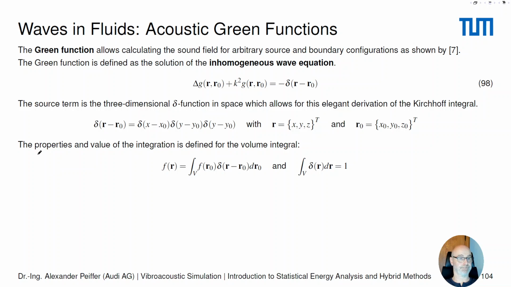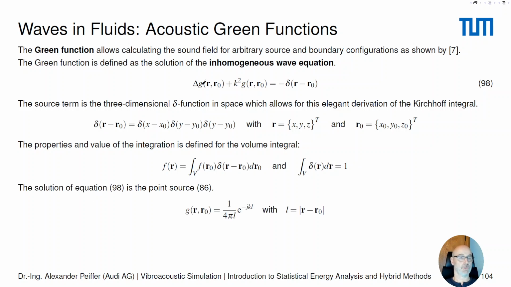The properties of the delta function are mainly defined in terms of an integral, and all the things that were stated in the previous session also hold for the spatial arrangement. So we can use the sifting property: if we have a function in three-dimensional space and the delta function in three-dimensional space, this sifts out the value at r. And the volume integral of the delta function, if the position is inside this volume, is simply 1.